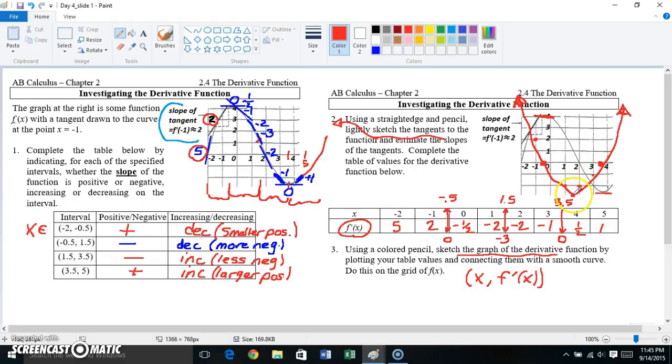Now, your initial graphs for drawing these derivatives won't be accurate or very pretty, but you'll learn some patterns to figure that out as we go along. So this would be the graph of my derivative function.